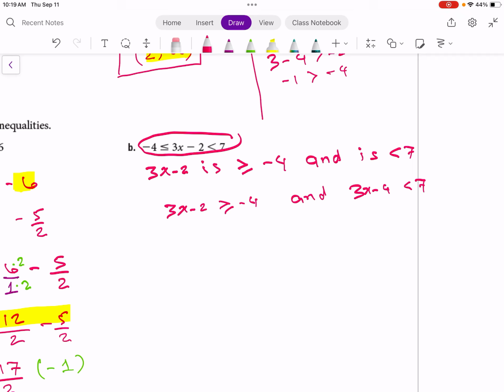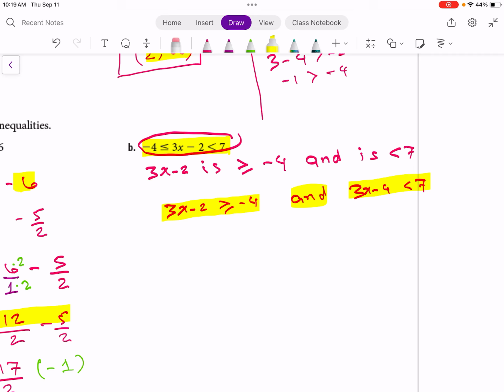Okay, so when we have two inequalities, one inequality and the other one, combined by an and, or sometimes two inequalities will be combined by an or, we get a complex inequality. And this is the same as this inequality. They use a different method to write, but both of these are exactly the same.